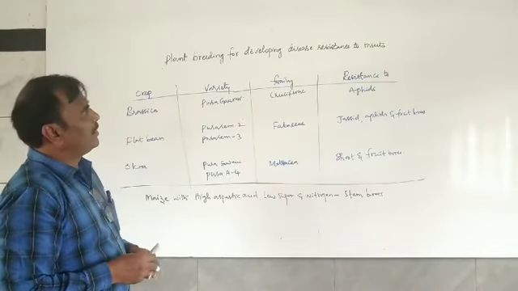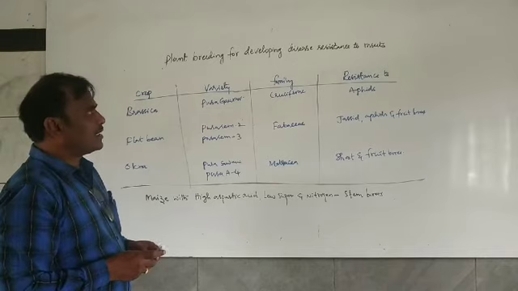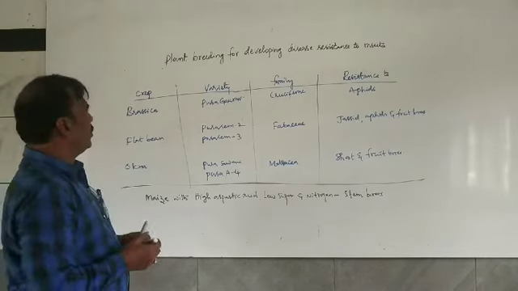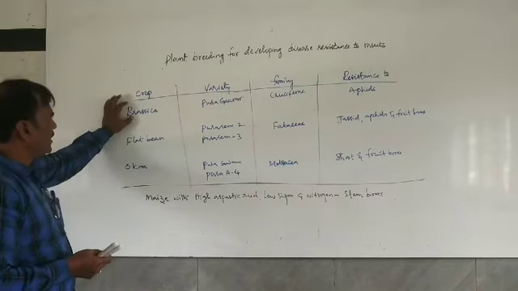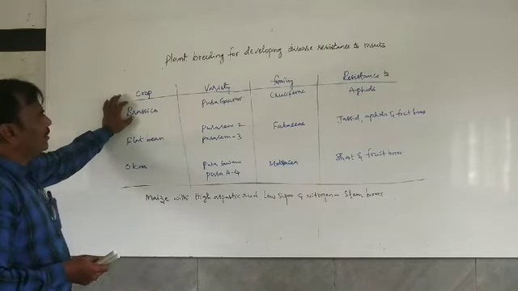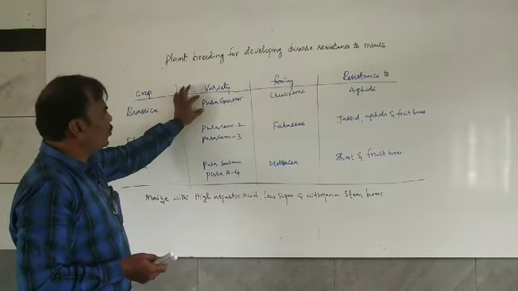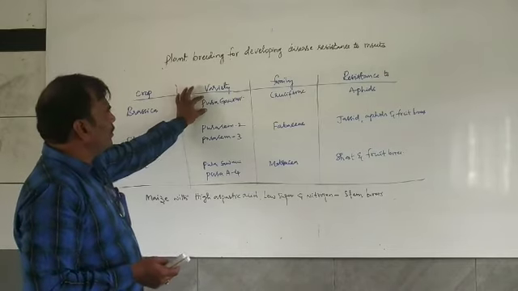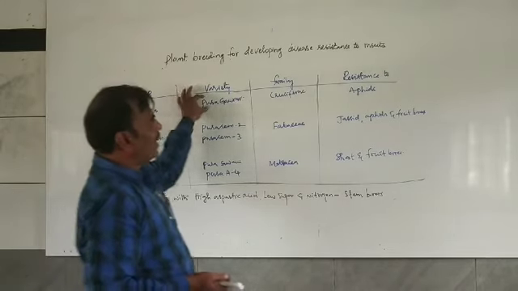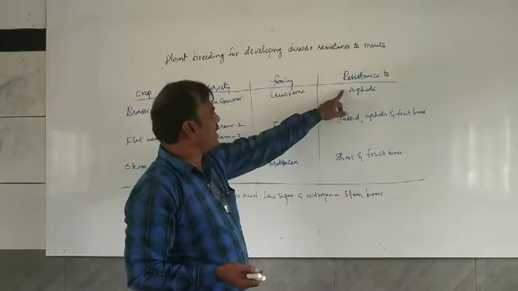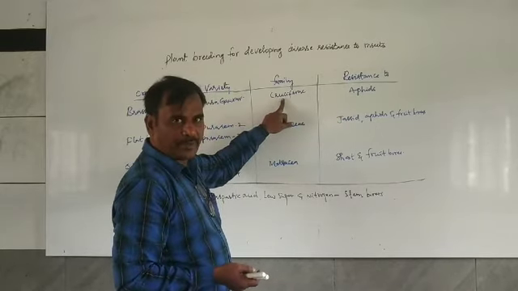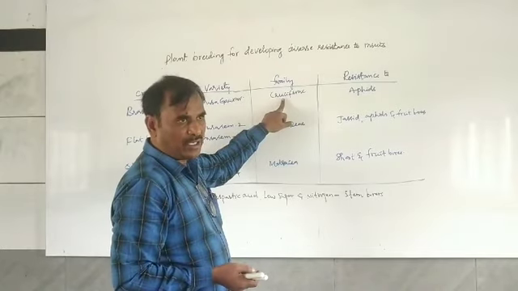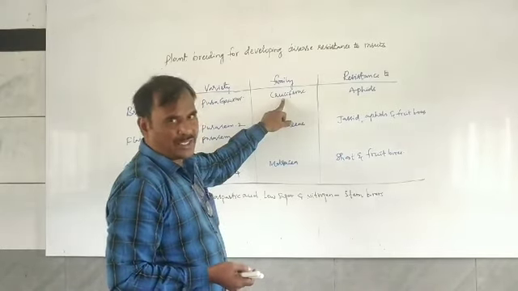Some insect-resistant varieties have been developed by scientists. In Brassica, the Pusa Gaurav variety is developed, which shows resistance towards aphids. It is the cruciferous family. It is a very important point for the NEET examination, and they come in objective questions.